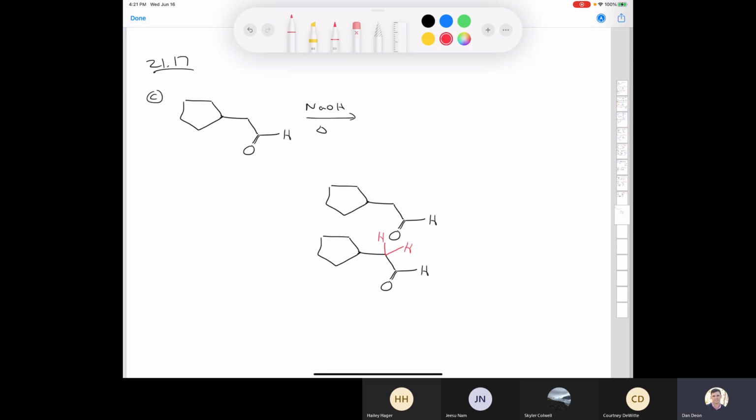Okay, the water that's lost to form the double bond is going to be these two hydrogens and this oxygen. And so the double bond, I'll use green pen. The double bond is going to be between here and here. Okay, so that's literally all you have to draw, and that is your alpha beta unsaturated carbonyl compound. So all you'd have to do is redraw this.